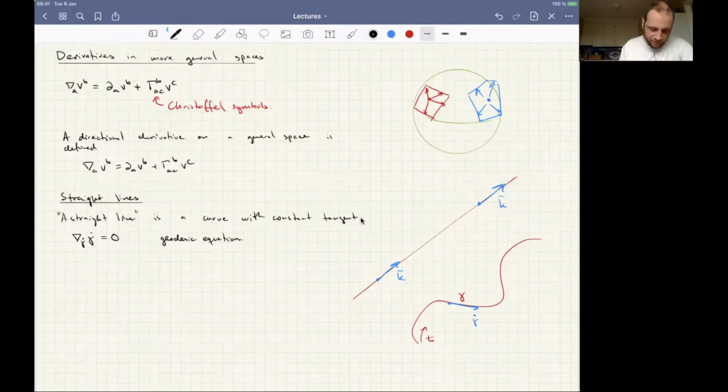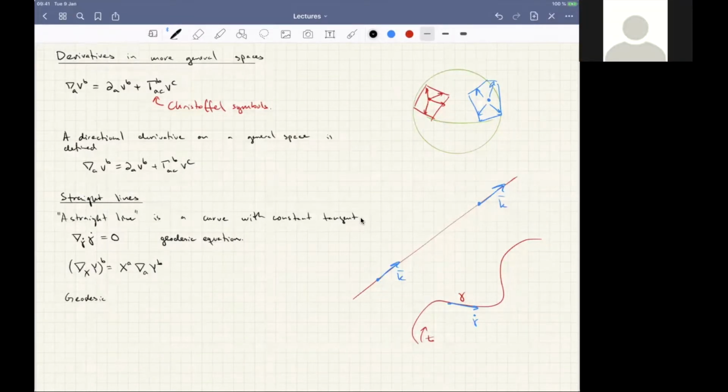Also note I'm using this notation that if I write a vector in the argument instead of an index, and I act on a different vector y, this is given by x^a nabla_a acting on y, and the components of this are that. Okay, so that's what a straight line means. So if you write this out, this is going to be called the geodesic equations.